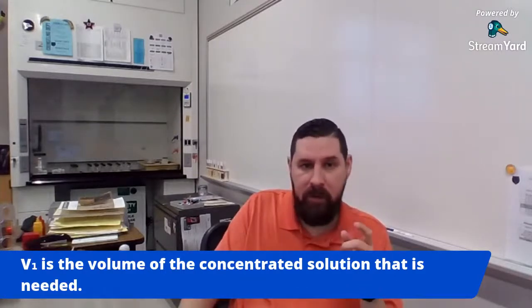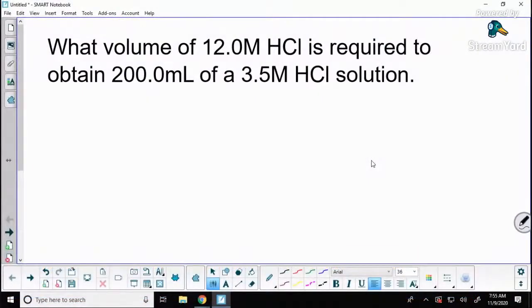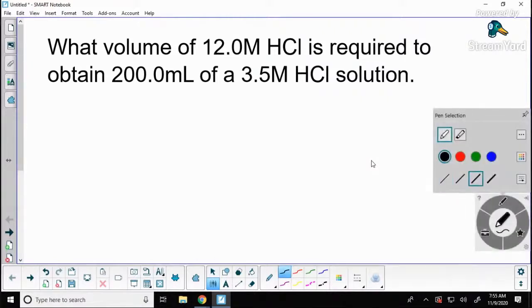So let's go on and take a look at an example problem. This problem says, what volume of 12.0 molar HCl is required to obtain 200 milliliters of a 3.5 molar HCl solution? So what volume?